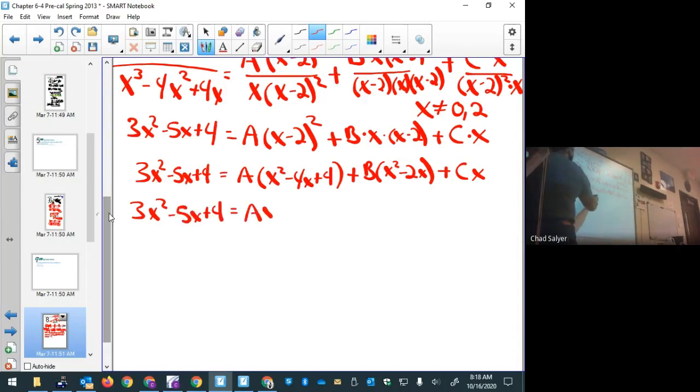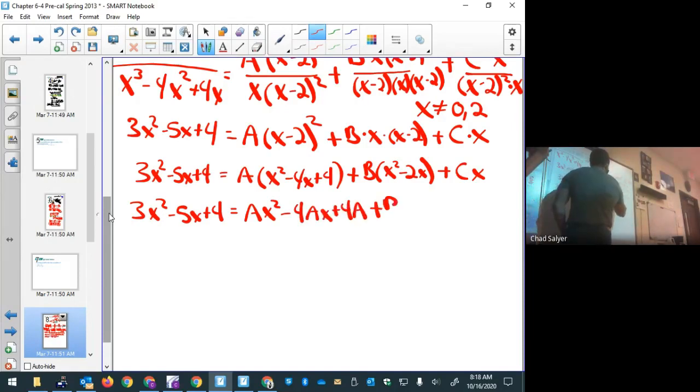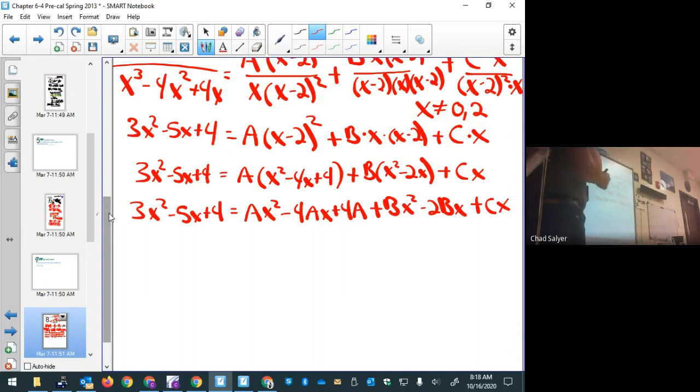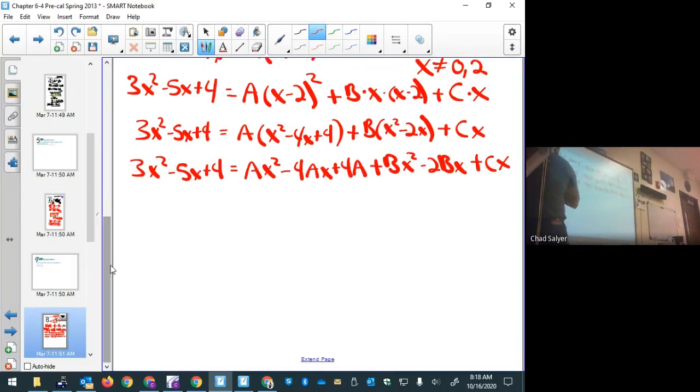So I've got Ax squared minus 4Ax plus 4A plus Bx squared minus 2Bx plus Cx. And I just need to arrange these in standard form and I'll have my answer, or my setup for my matrix, I should say.